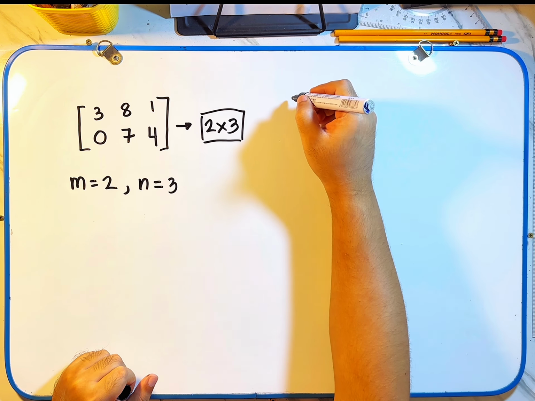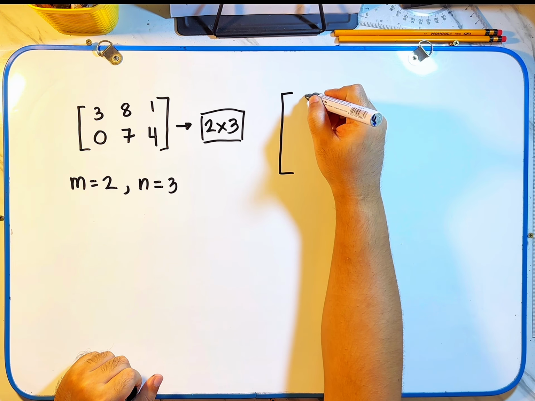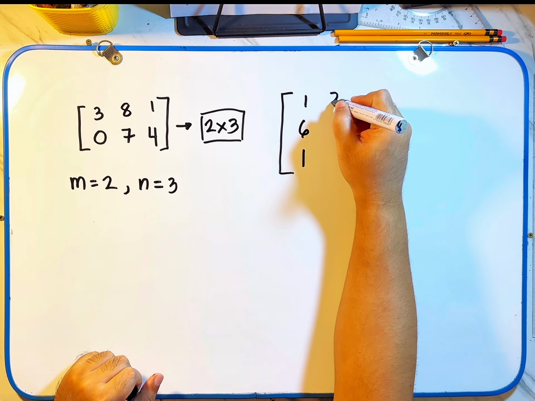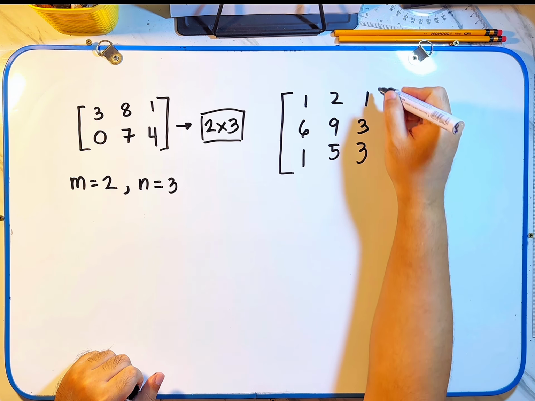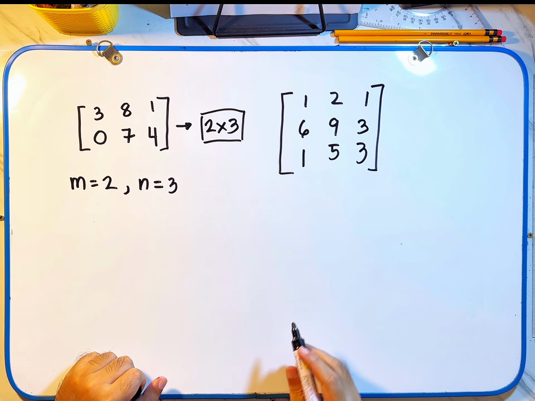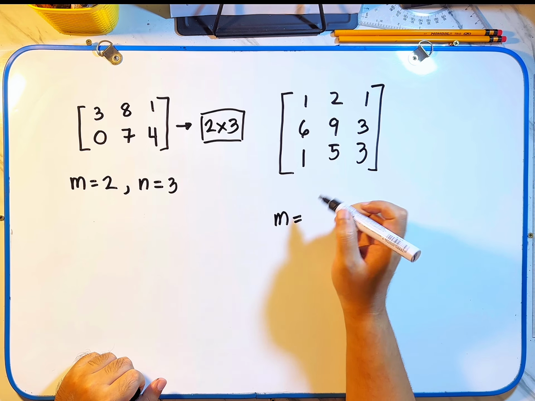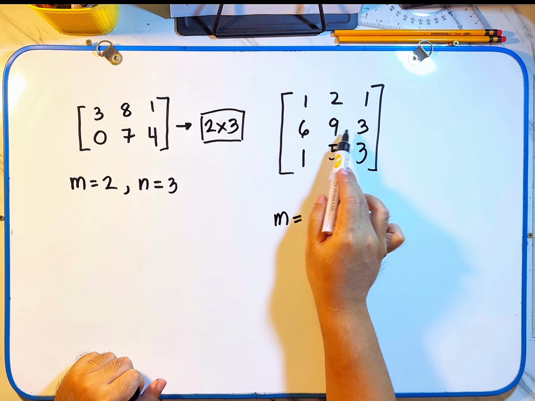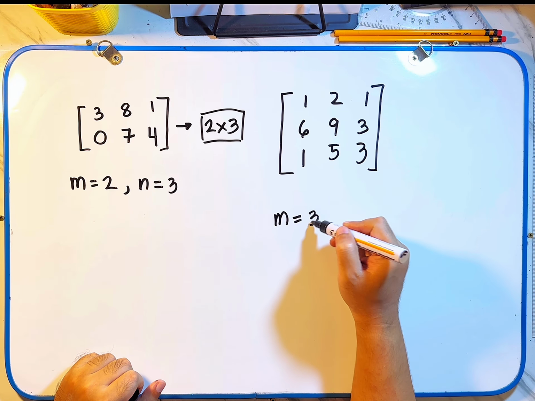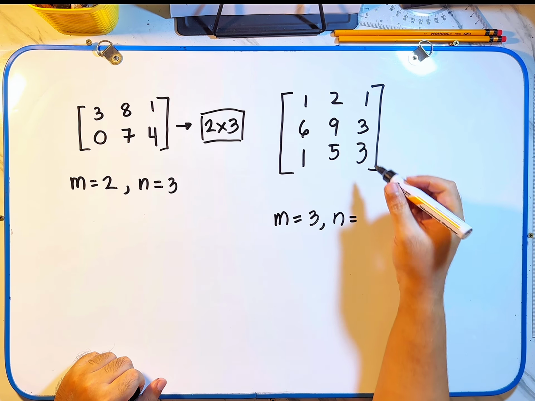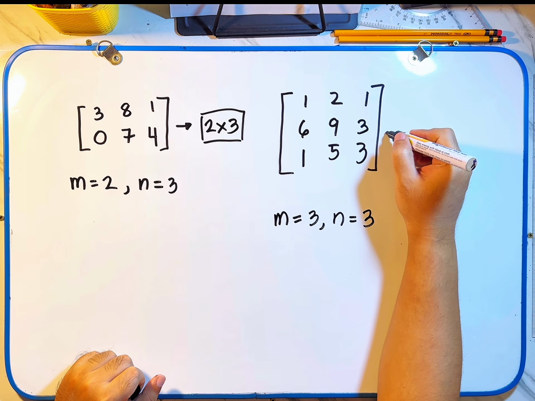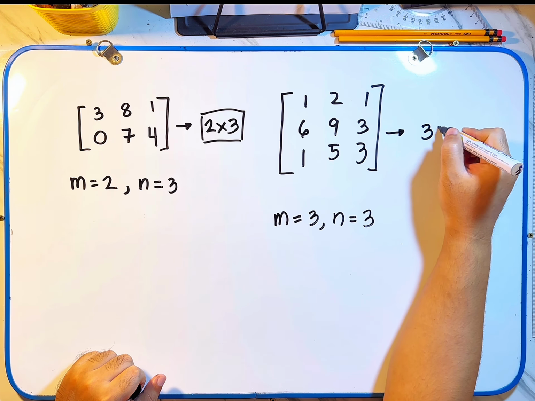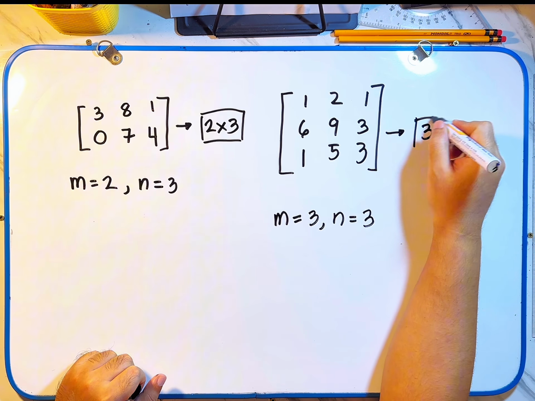And let's say, how about this? What is the order of this matrix? Let's count the number of rows. We have 1, 2, and 3. How about the number of columns? 1, 2, 3. Therefore, the order is 3 by 3 matrix.